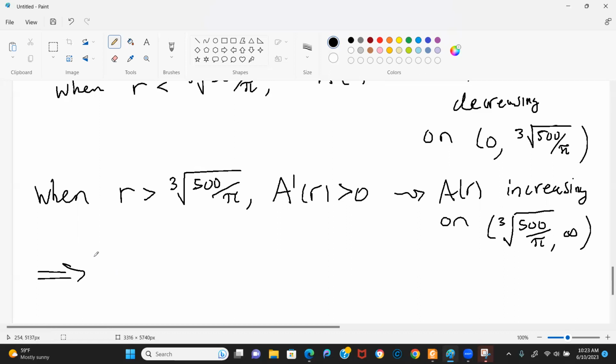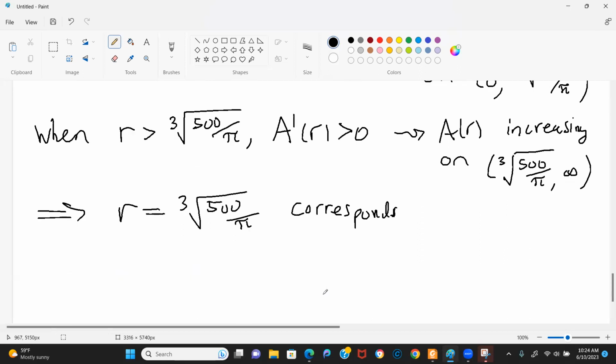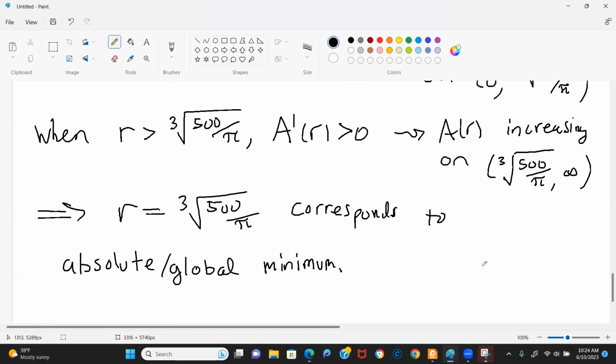So this implies that r equals this critical point corresponds to the minimum. And in fact, this corresponds to the absolute or global minimum, because the function is decreasing up to the critical point, and then it suddenly goes to increasing.